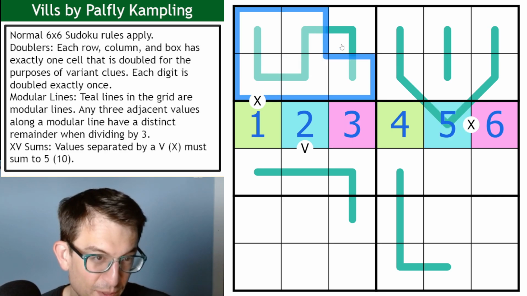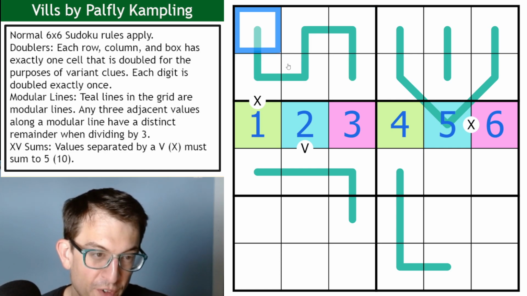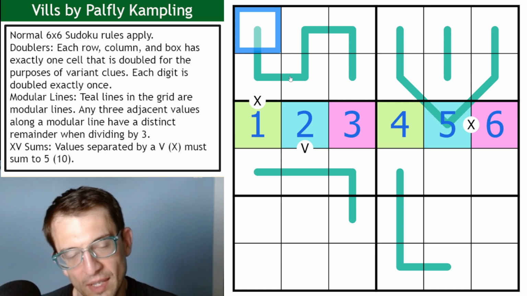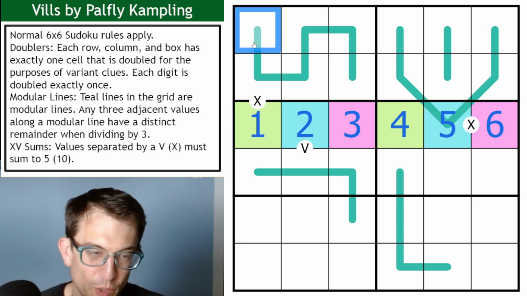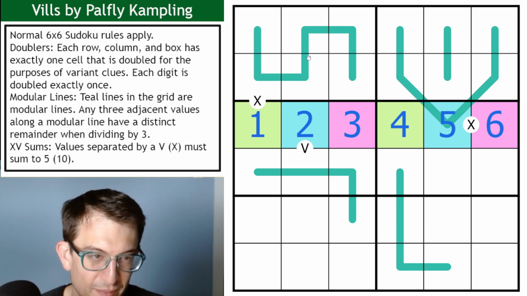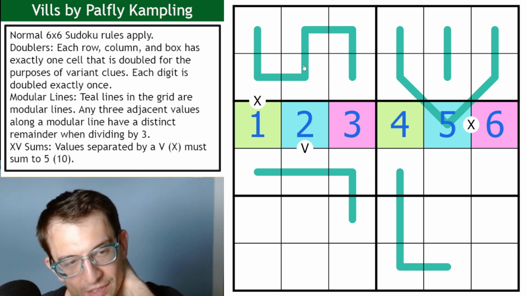So in this box where I had the digits 1 to 6, if I try to double 1, 2, 4, or 5, then what's going to happen is I'm going to have too many digits of the same type in this box, right?